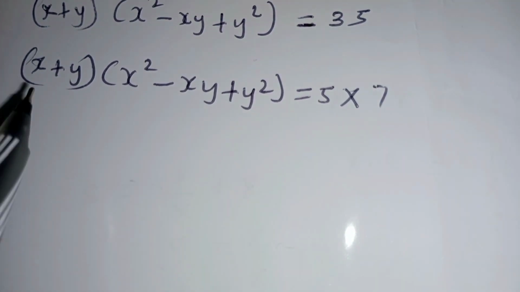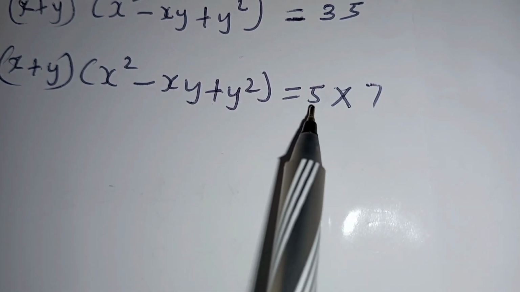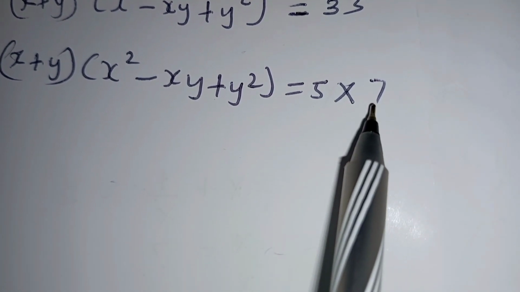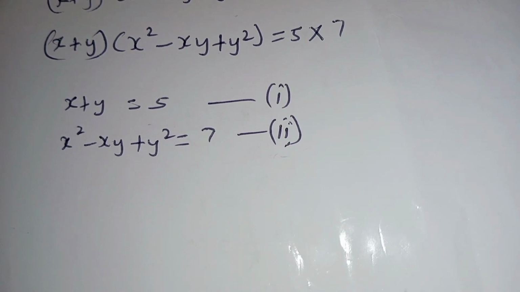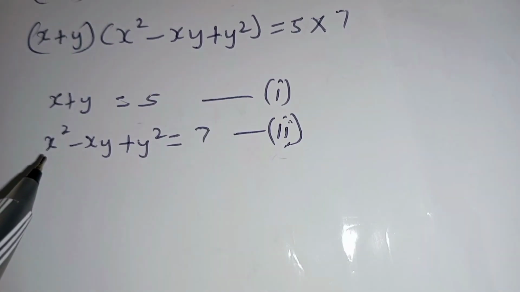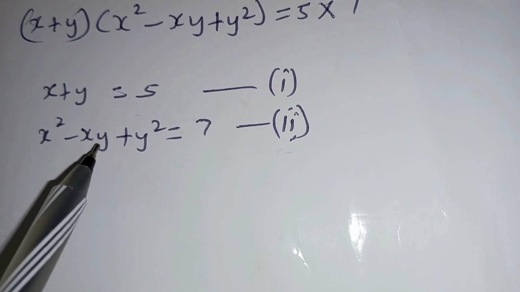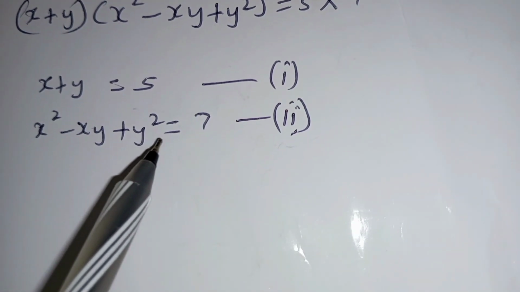So in our equation, we have bracket x plus y, bracket x squared minus xy plus y squared, is equal to 5 times 7. This implies that x plus y is equal to 5, and x squared minus xy plus y squared is equal to 7.